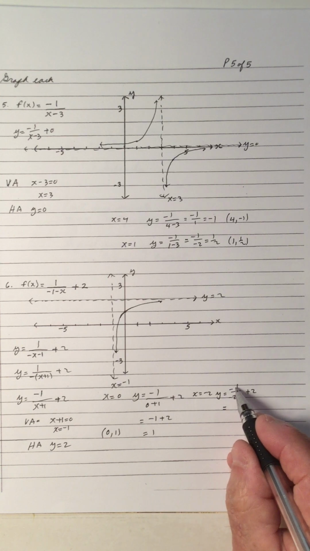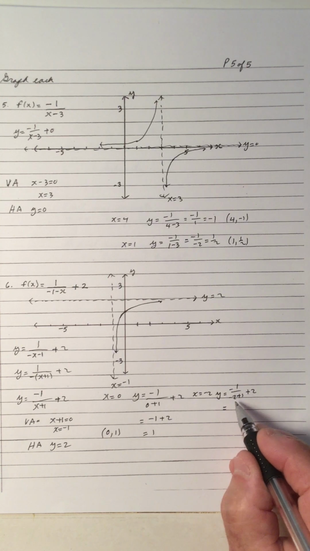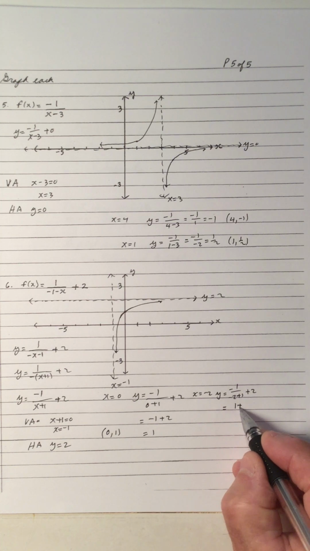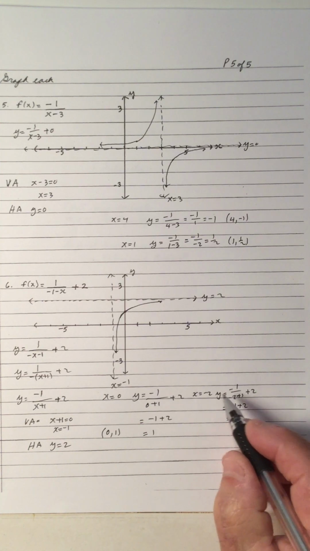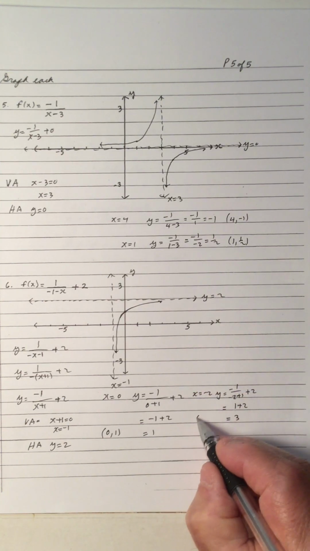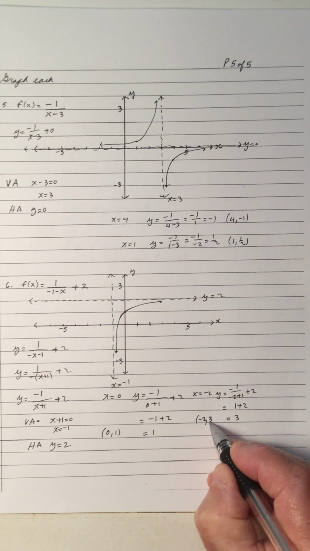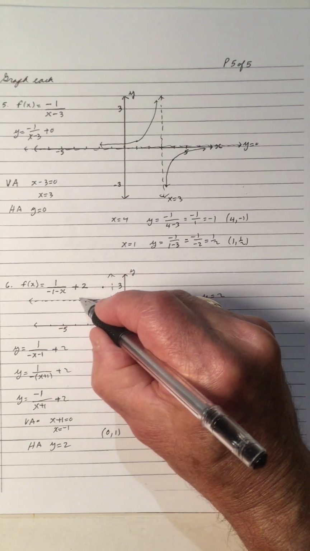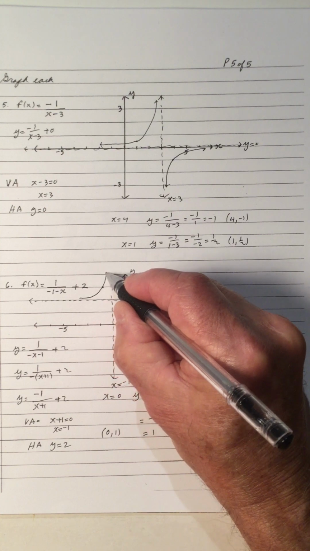That's negative 1 on top. The denominator is negative 2 plus 1, negative 1. Negative 1 over negative 1 is 1, plus 2 gives us 3. So negative 2 gives us a 3, so that point is there. So here it is.